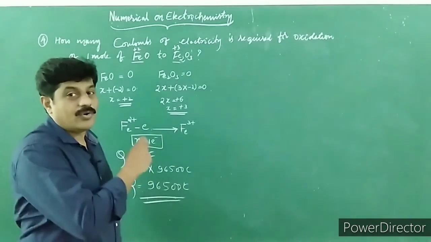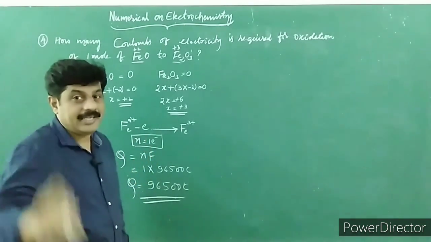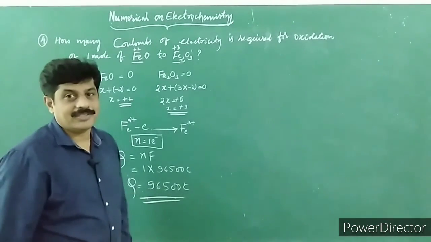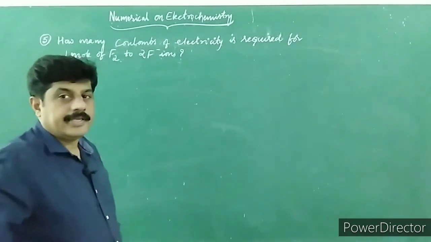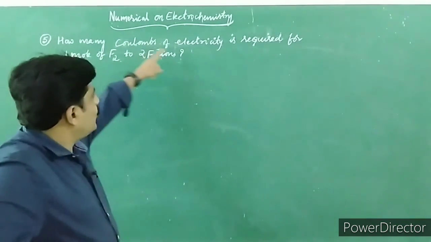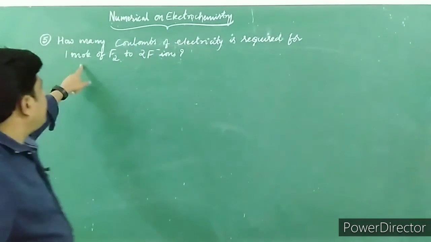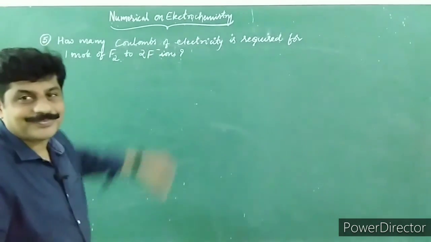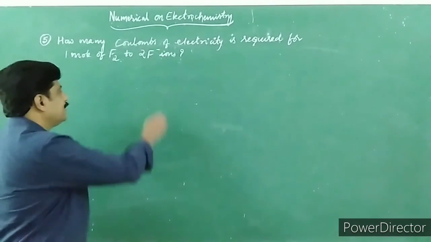This is how you need to solve the problem. That is why, before taking up the problem, you should read the numerical 2 times and only then go for solving the problem. Children, let me go for one more simple numerical. How many coulombs of electricity are required for 1 mole of fluorine to 2 fluoride ions? Look at here.